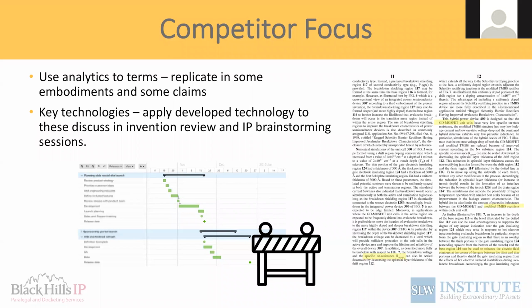Knowing how a competitor technology works, how can we apply our newly invented ideas in a way that would intersect their potential development roadmap, and make sure to include that either as alternative embodiments, additional inventions, or dependent claims. That should be a part of the analysis.